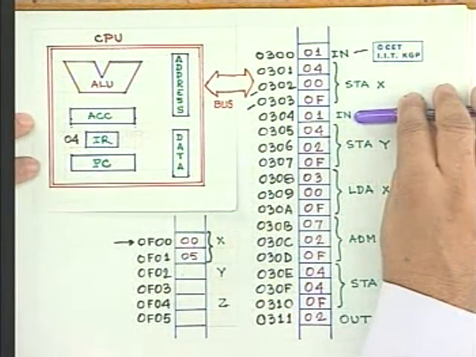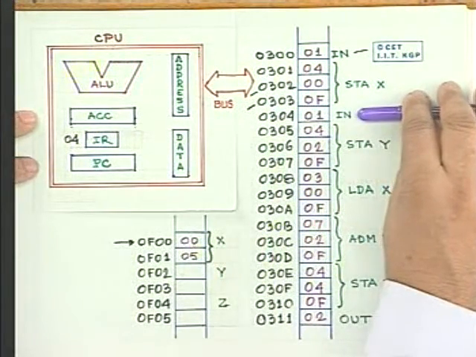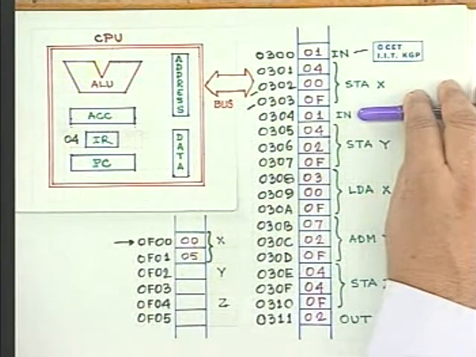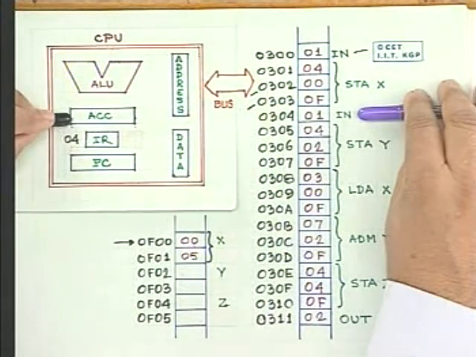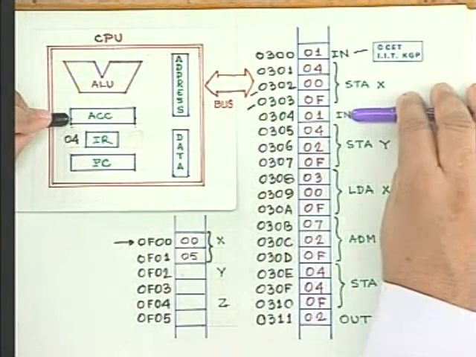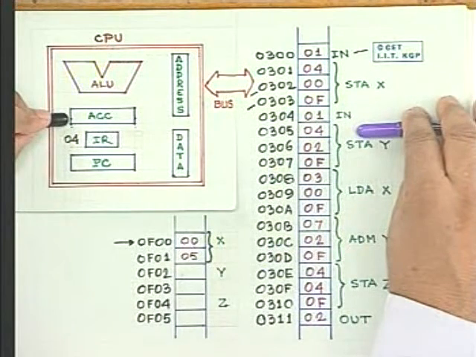Now this IN will be executed once more, which means the input will be done from some input device into that accumulator here, right? As 2 bytes have been read, the program counter will be incremented to the next memory location.